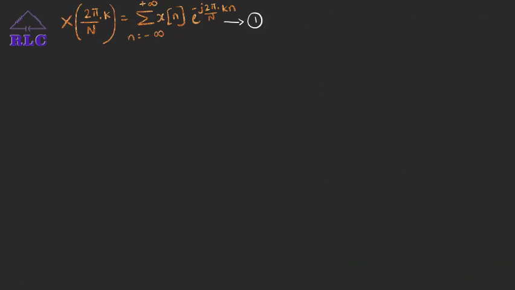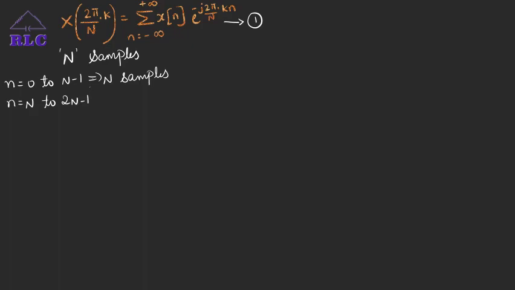If we expand this summation, which consists of an infinite number of terms, each summation will consist of N samples. Say if n is ranging from 0 to N minus 1, we get N samples. If n is starting from capital N, then we get 2N minus 1 as the upper range, again N samples.